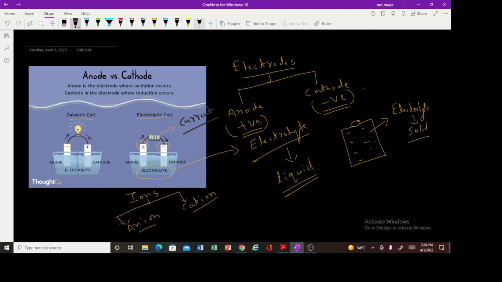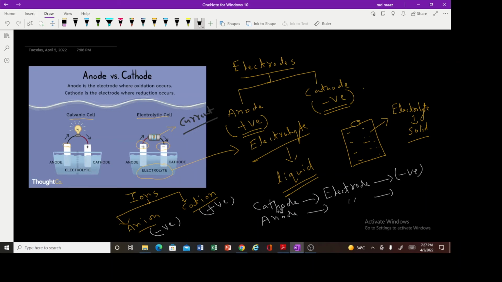Here we can say that anion is always negative whereas cation is always positive. You have to remember, as we said, the cathode is our electrode which is represented as negative, and the anode is also our electrode which is represented as positive.